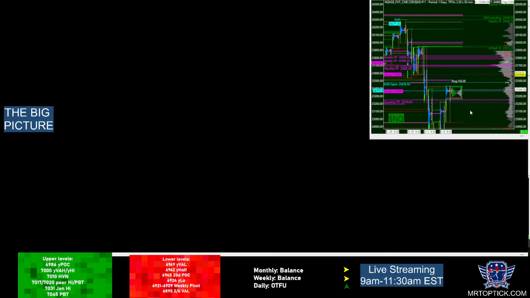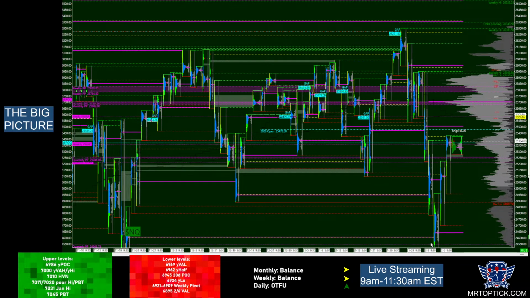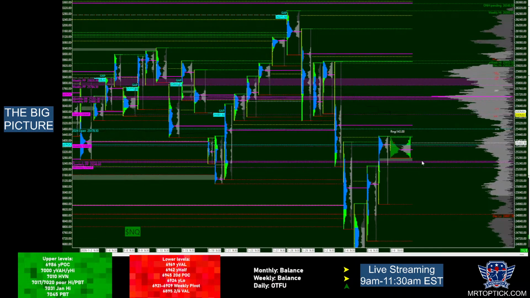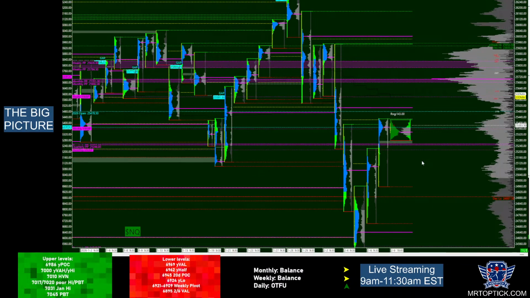NQ. So NQ has been weaker, as I mentioned the other day. It is finding some resistance here in this 25,450 area to 540, right?